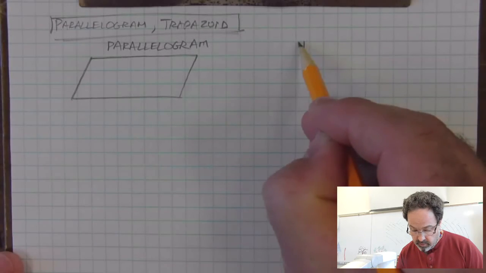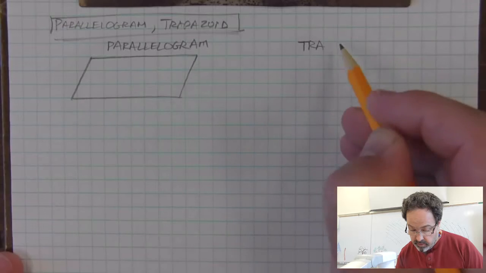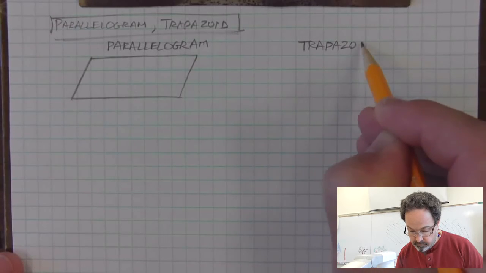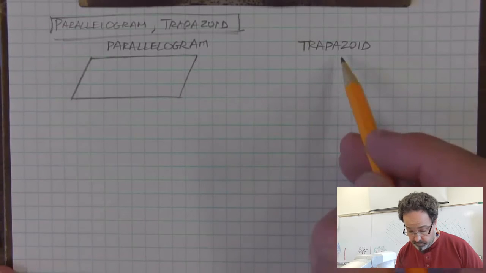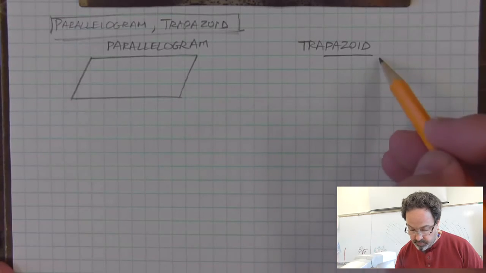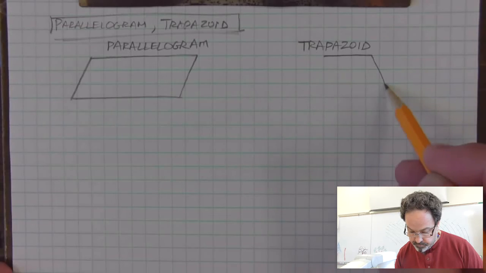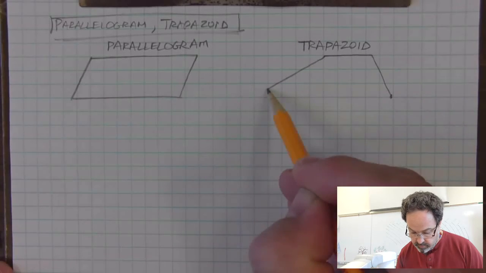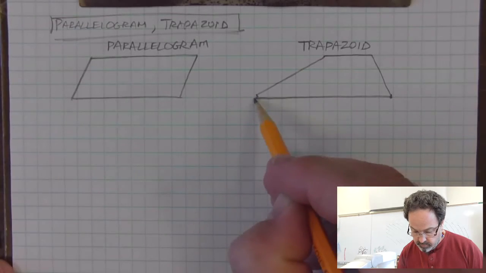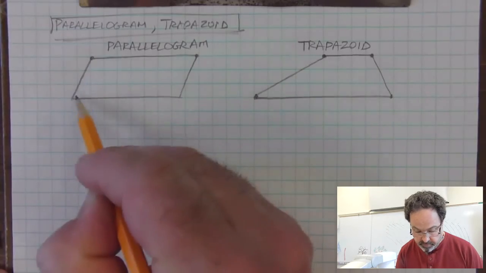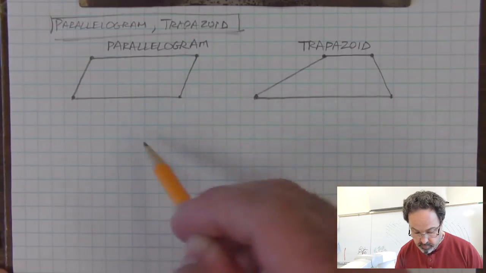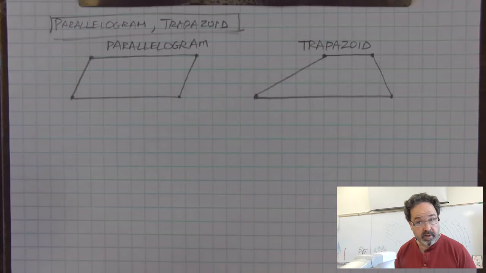A trapezoid is also a quadrilateral, but it has different properties than a parallelogram, so we have a different name for this kind of quadrilateral. I'm going to draw a trapezoid. Four sides, just like the parallelogram, but different properties. I'm going to use notation now to highlight the properties of these shapes.